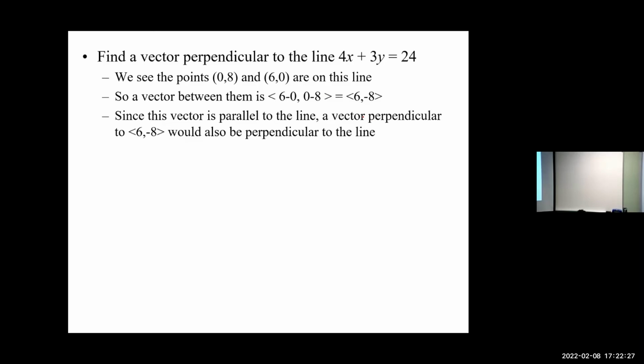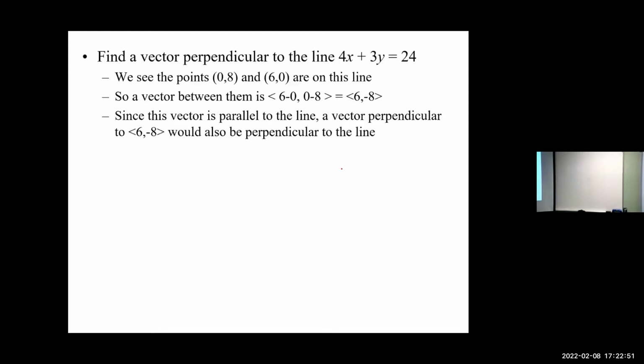Now, what you're going to see when we're done is a very quick way of getting the normal vector when a line is in this general form. So what we're looking for is a vector that is perpendicular to (6, -8).